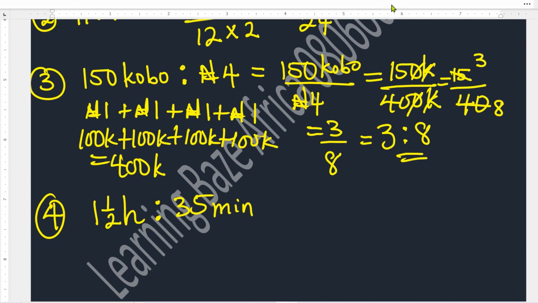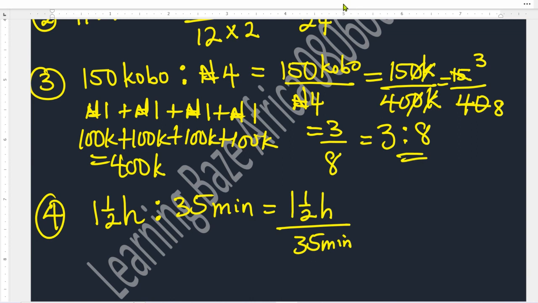Now pay attention, we're going to write it as a fraction. That will be 1.5 hours divided by 35 minutes. Now, hour is bigger than minute.